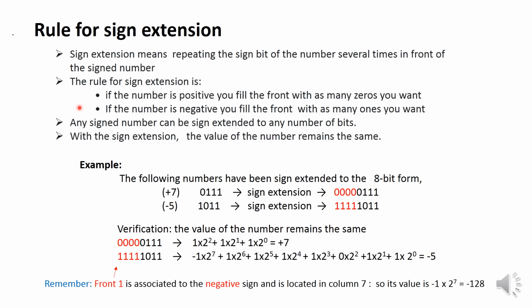And if the number is negative, you fill the front of the number with as many ones as you want. Any signed number can be sign extended to any number of bits. And with the sign extension, the value of the number remains the same.